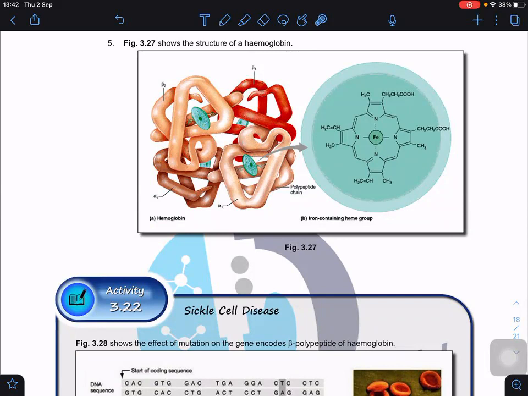When your blood receives oxygen, why is our blood red in color? Because of Fe3+. But when deoxygenated, it's a bit greenish in color because of Fe2+. In the blood vessels, deoxygenated blood looks a bit greenish, right? Because of the Fe2+.